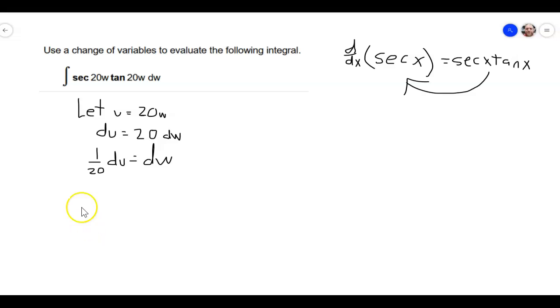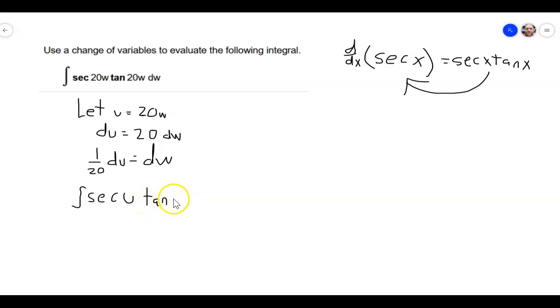Alright, so once I do that, now I'm going to have the secant of 20w, so that's going to be the secant of, well, 20w is equal to u, so secant of u.